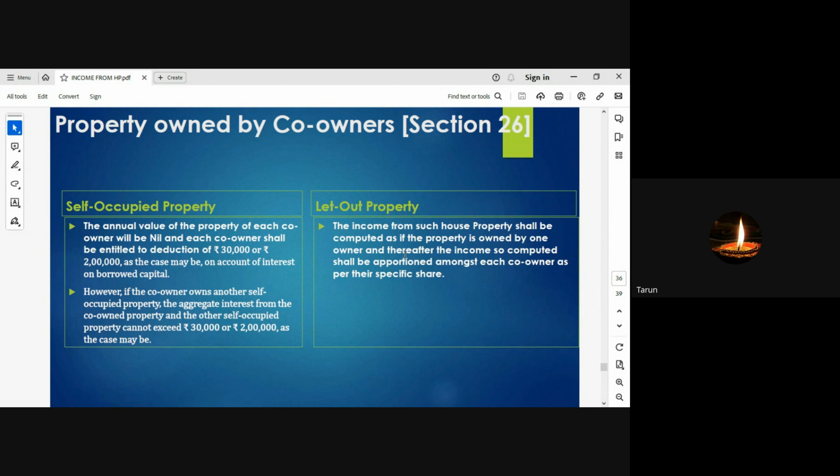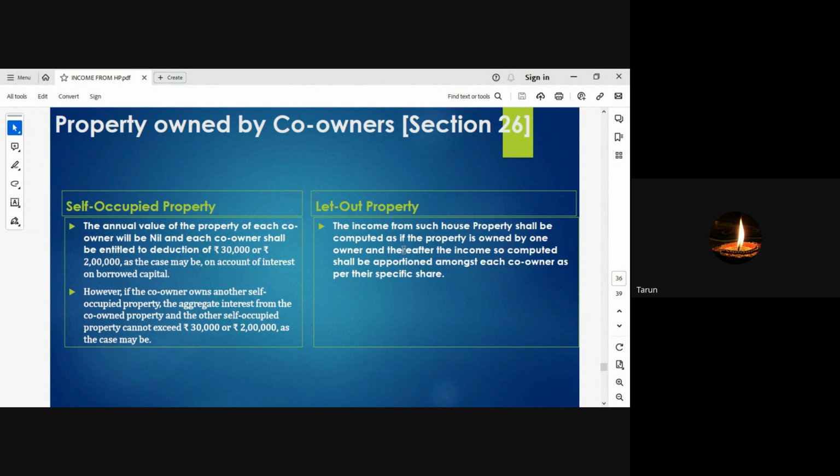Whether he owns more self-occupied properties doesn't matter. No tax will be chargeable; only the deduction of interest on borrowed capital, 30,000 or 2 lakhs, whichever is applicable, will be considered.